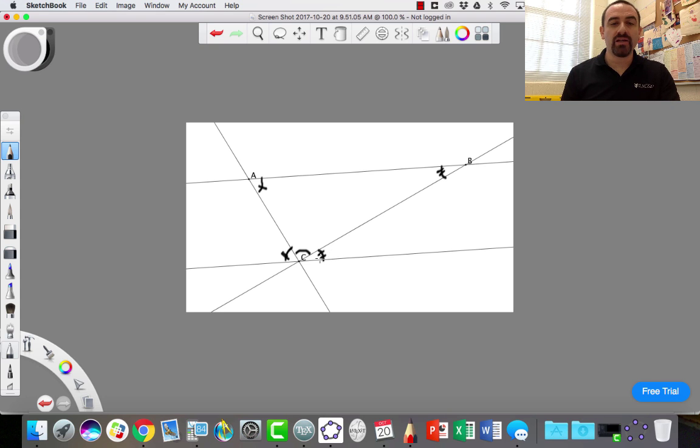So what do I have? I know that this angle, and this angle all add to 180 because I can see that they physically form a straight angle or a straight line. So the angle without the hatch mark, the angle with the hatch mark, and the angle with two hatch marks add to 180 degrees. But because of alternate interior angles, I can see that this angle and this angle are congruent. This angle and this angle are congruent.